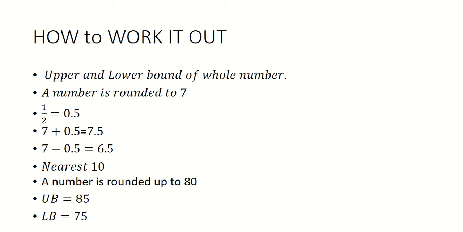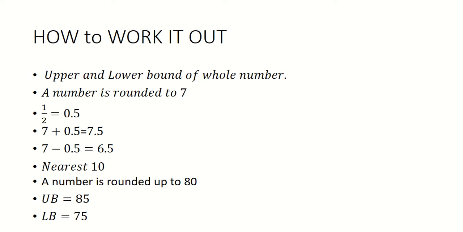But how do you calculate it? Because it's a whole number, and whole numbers go 7, 8, 9, the difference is 1. You divide the difference by 2, you get 0.5, so you add it to the rounded number, which gives 7.5, the upper bound. You take it away from the rounded number, you get 6.5, which is the lower bound.